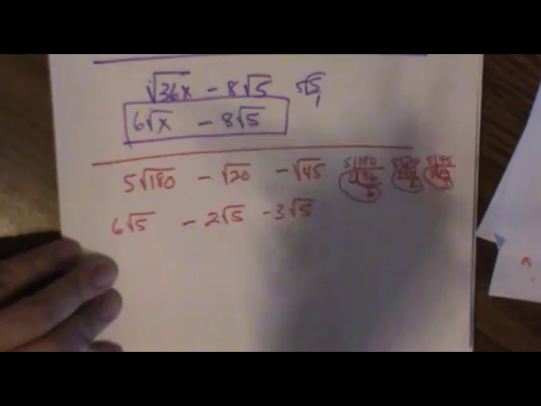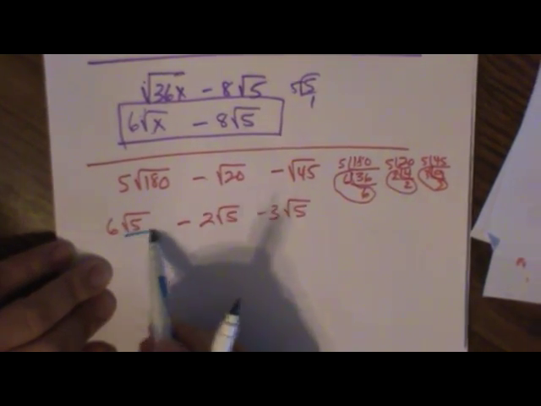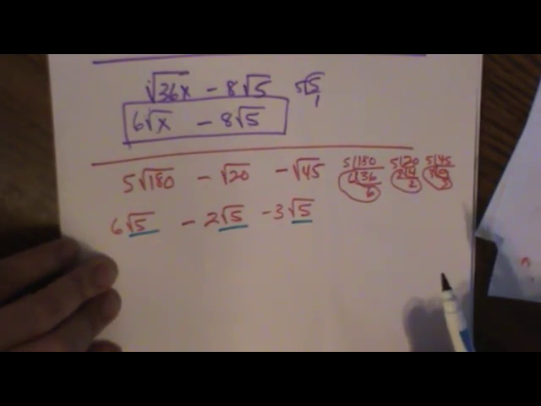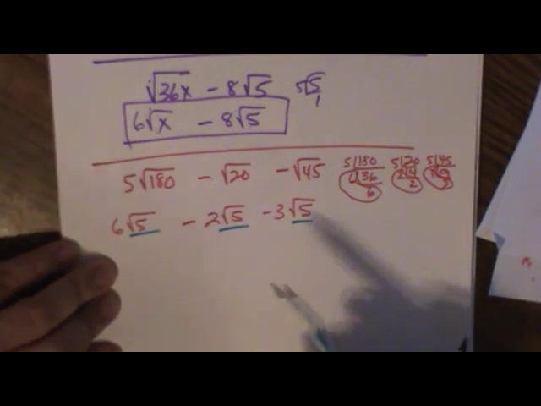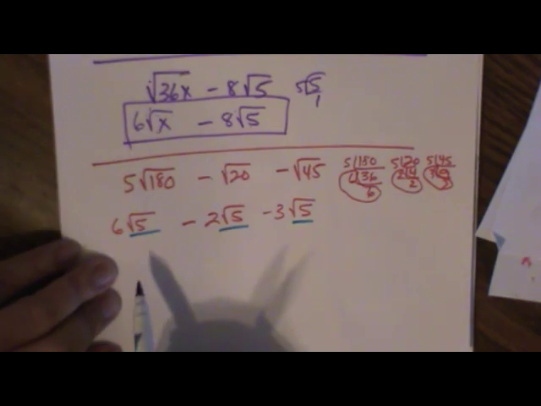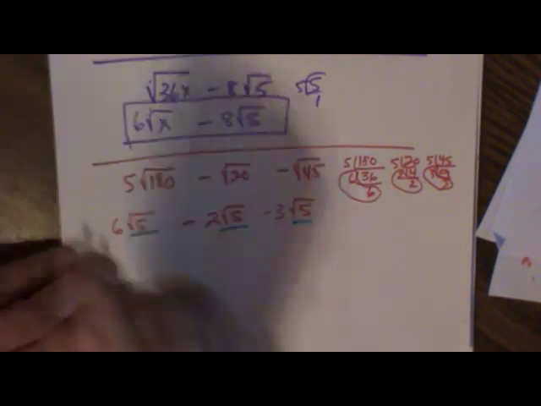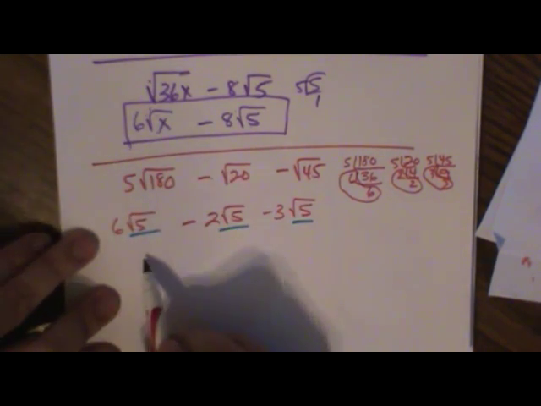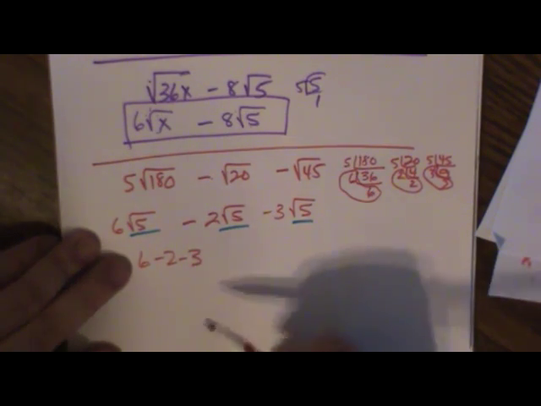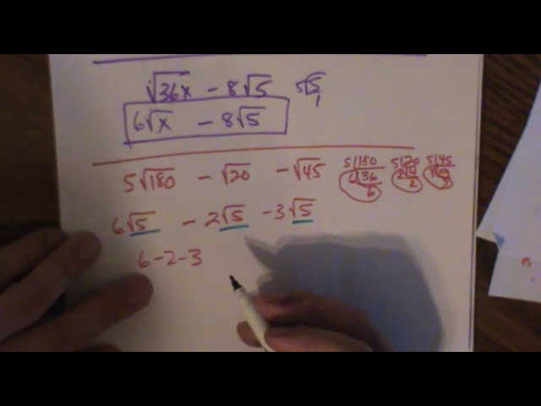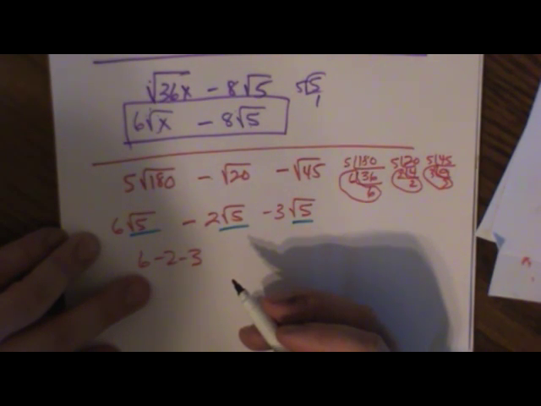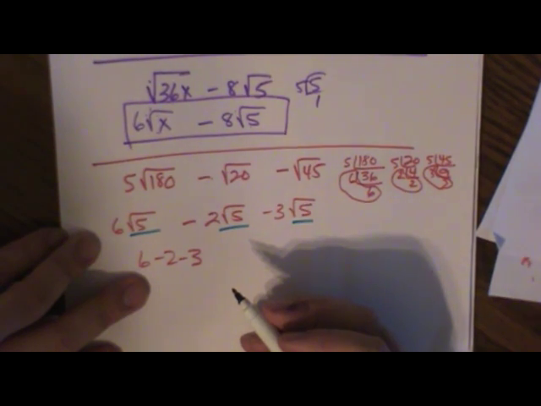Now we're looking at our radicands, which are all the same, and our index, or our root, is the same. It's a 2 for each one. So those are like terms, so we can add our coefficients. We have 6 minus 2 minus 3, which gives us 1. Maybe. I think I did something wrong.